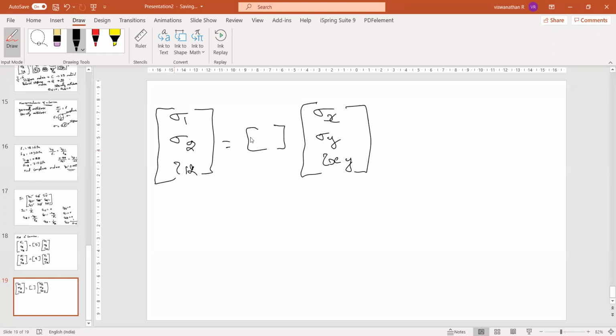Inverse transformation, T inverse? It is T. Okay, transformation matrix.